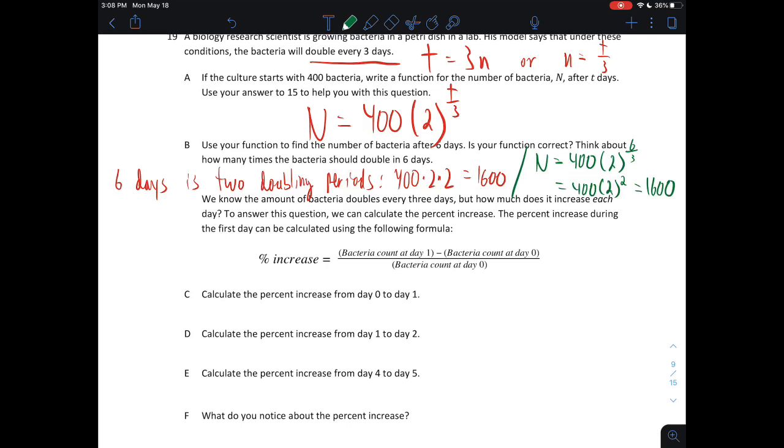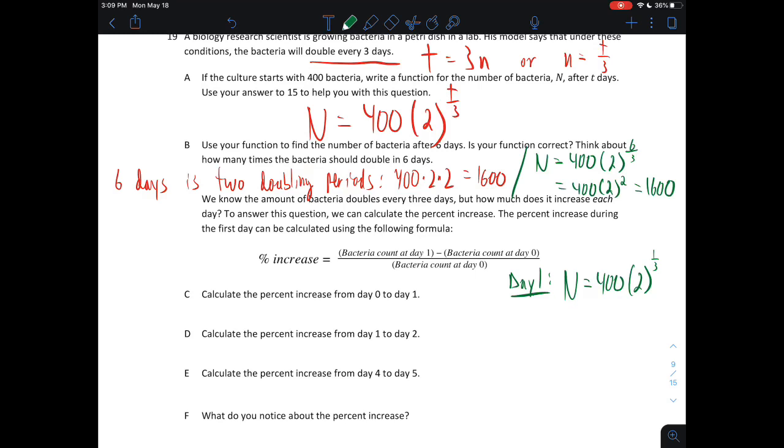We know the bacteria count at day 0 was 400, but we don't know the bacteria count at day 1. So let's find that first. Day 1 means that t is equal to 1. So n is equal to 400 times 2 raised to the 1/3 power. So now you can take 1 and divide by 3. Notice you'll get a 0.333333.